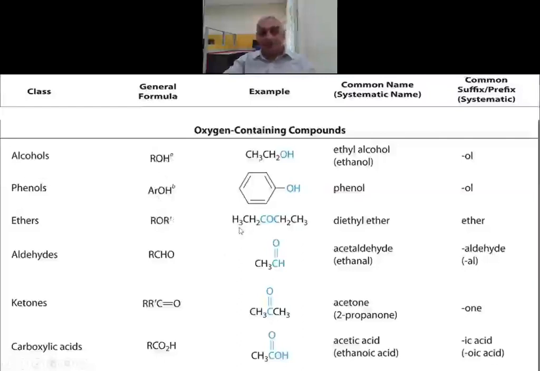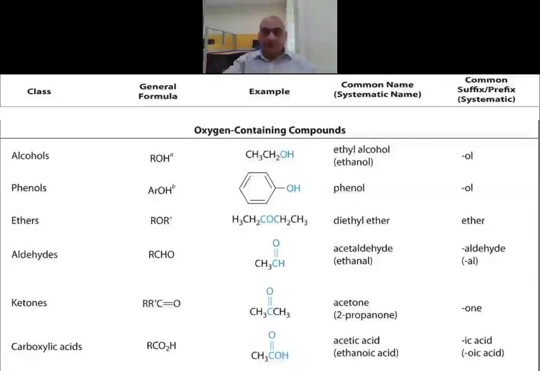Here we have two carbons. This one is a methyl group. This one is also a methyl group. And in between two methyl groups, we have the oxygen. So this is called ether.